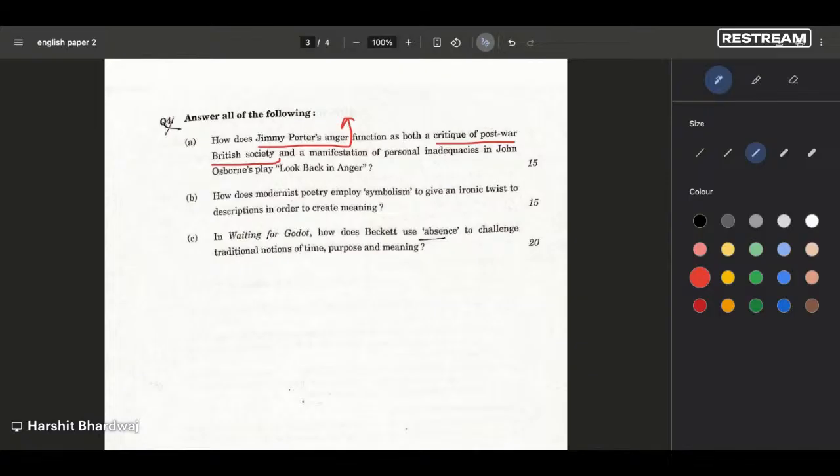But they're asking you to juxtapose it with the second idea, manifestation of personal inadequacies.